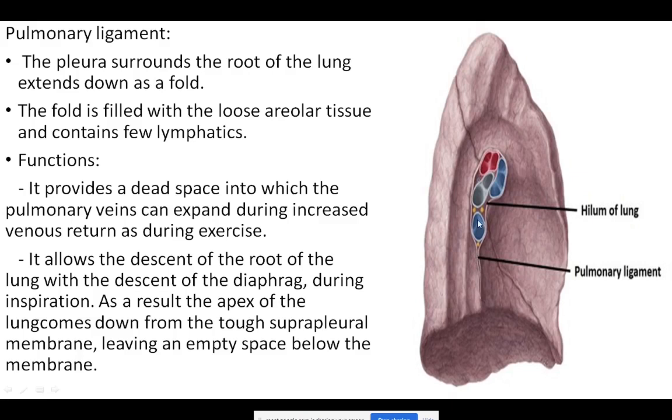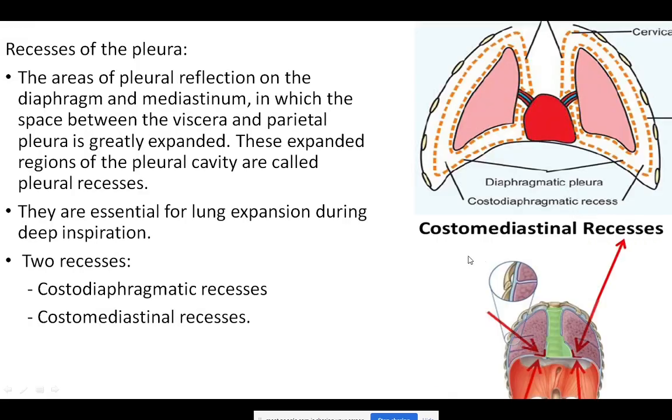So it allows the blood flow to return easily, and it allows the descent of the root during inspiration. During a deep inspiration, the structures inside the root of the lung will descend downward. These are the functions of the pulmonary ligament.